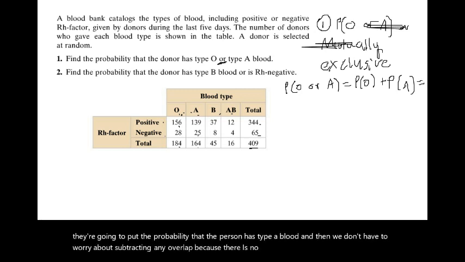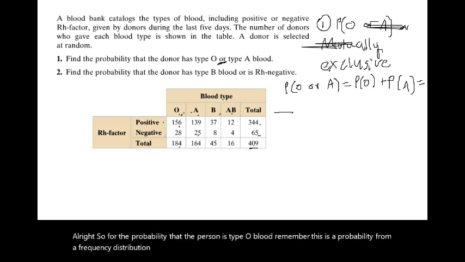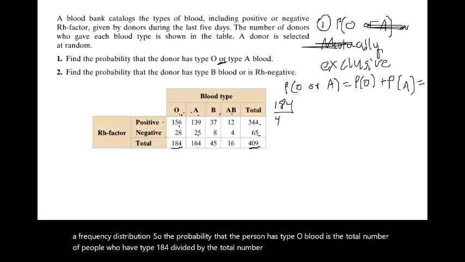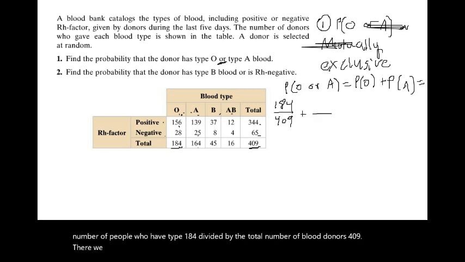All right, so for the probability that the person has type O blood, remember this is a probability from a frequency distribution. So it's the total number of people who have type O, 184, divided by the total number of blood donors, 409. Then we're going to add to it, out of those 409 blood donors, 164 of them had type A blood.